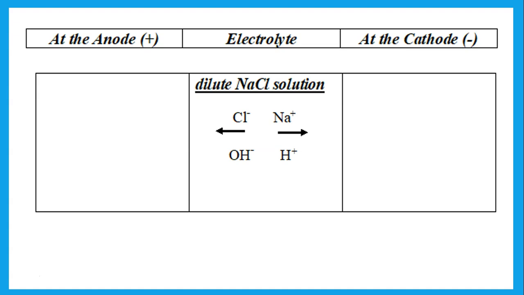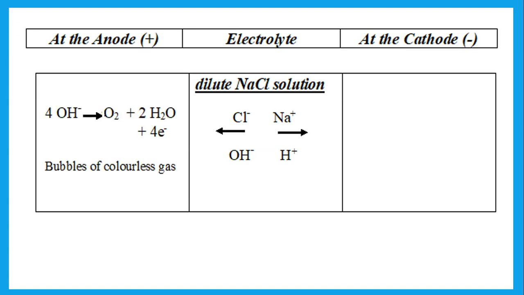Now we have a dilute solution, and that means I have more OH minus, I have more water. And when the OH minus reacts, it forms oxygen gas, which would appear as bubbles of colorless gas. It forms water and it releases electrons, and please notice the balancing.